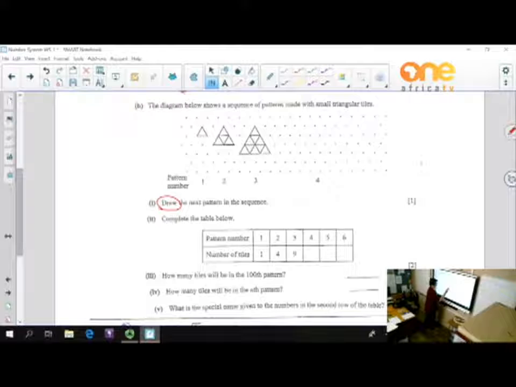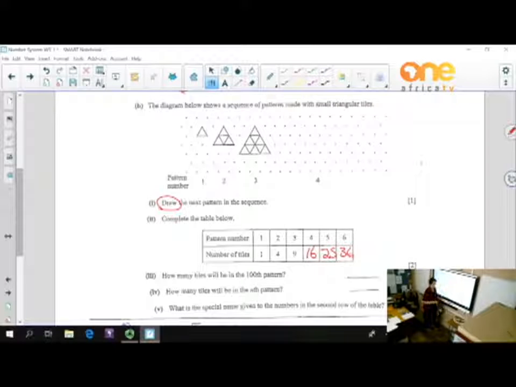So this is 1, 2, 3, 4, 5, 6. Easy. That's the triangles. And then how many tiles? Now, if we look here, there's 1, there's 4, there's 9. So here is a pattern that is forming here. You can count yours there, but it will be 16. And this one is 25 and 36.